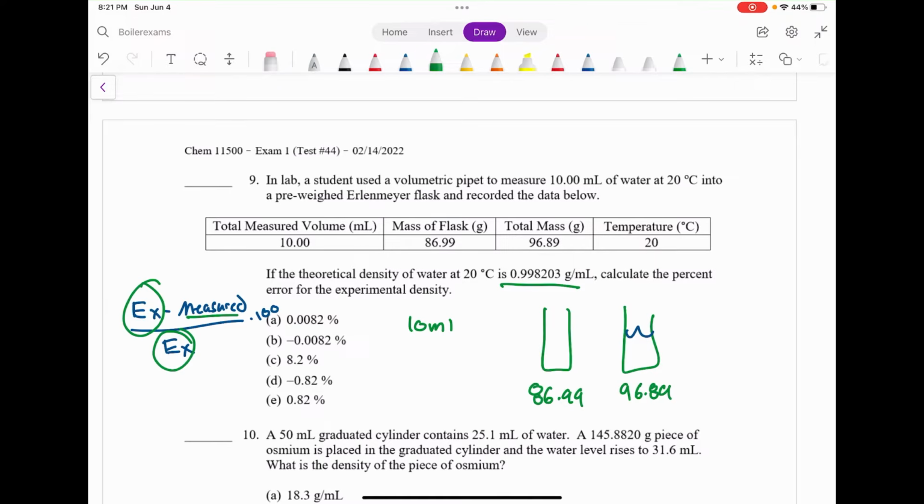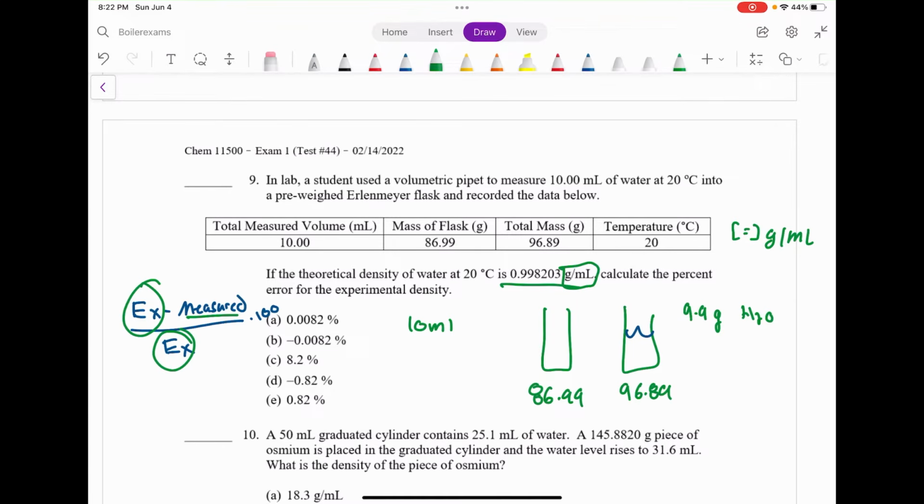96.89 minus 86.99. The water mass is 9.9 grams of H2O. And we know the volume is 10 milliliters. So if we want density, the units of density are grams per milliliter, and I expect that's what they give us right here too.